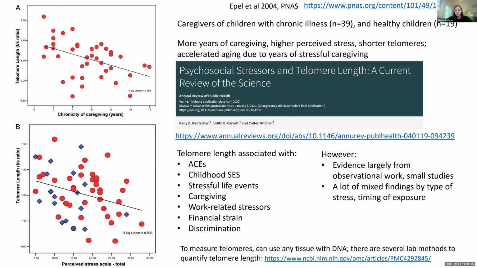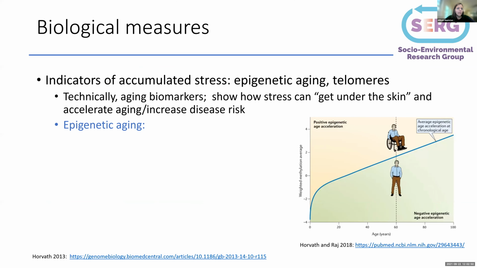So to measure telomeres, you can use any tissue with DNA. There are several lab-based measures to quantify telomere length. This citation here walks you through those options. And the last measure I'm going to talk about is also an indicator of accumulated stress, epigenetic aging.